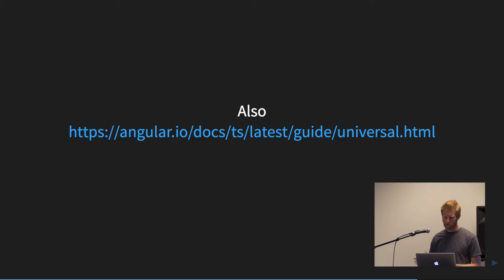It's somewhat contrived in the sense that you might not build a production app this way, but at least you can get some experience setting up the AOT and universal build configurations. So it's worth mentioning, and it's there if you want to go through it.